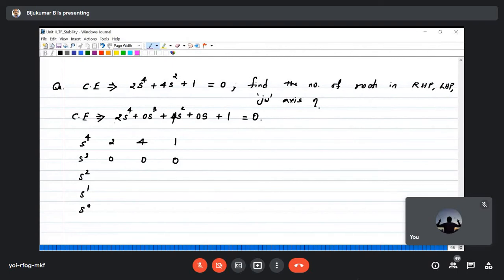Now we have observed that the row corresponding to s^3 becomes 0. All the elements corresponding to s^3 become 0. So what we have to do is form the auxiliary equation using the polynomial corresponding to s^4.